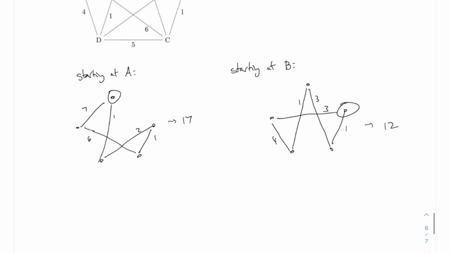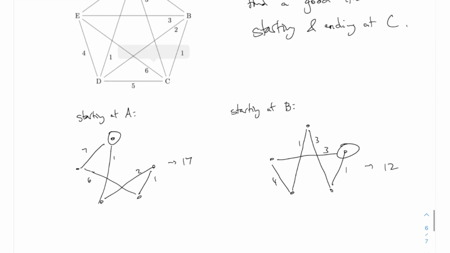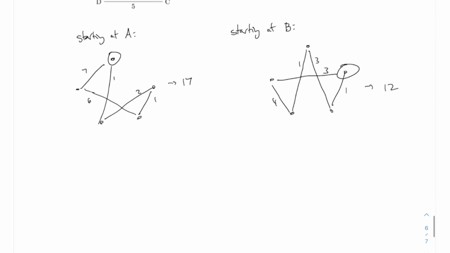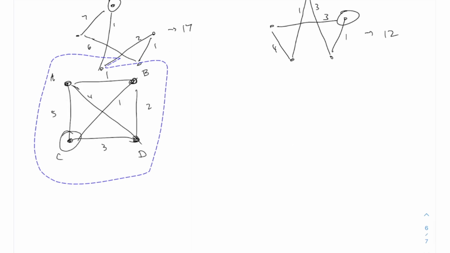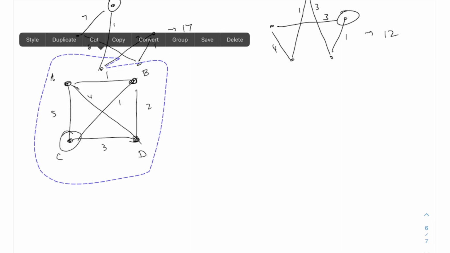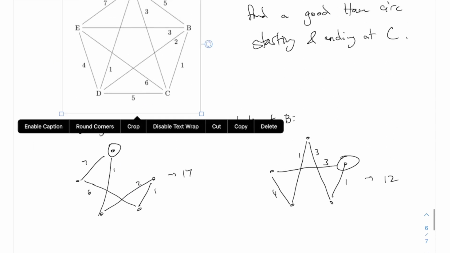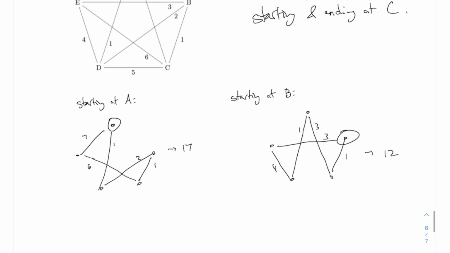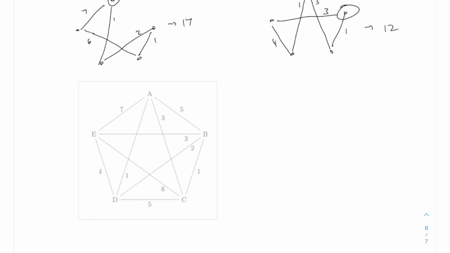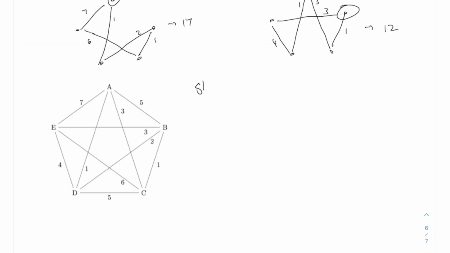Okay, you got to just do this for each different one. How about starting at C? Again, I find it easiest if I just redraw the vertices.